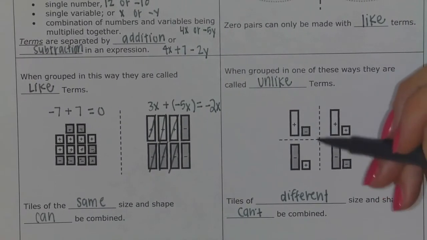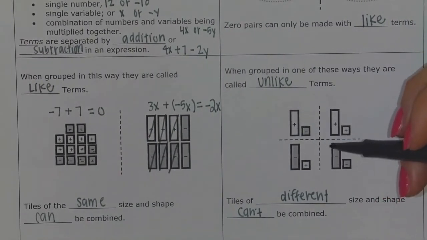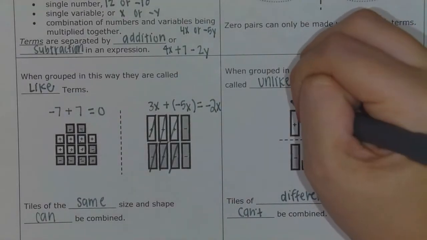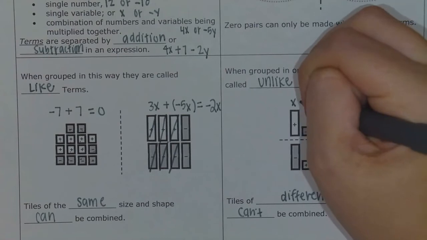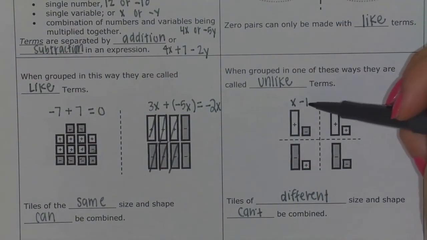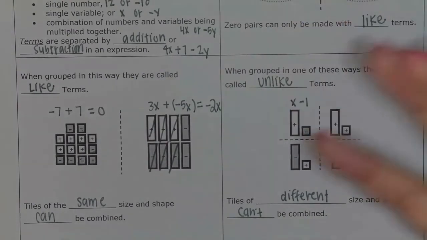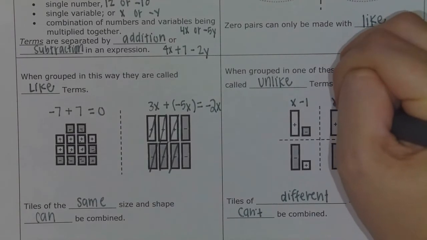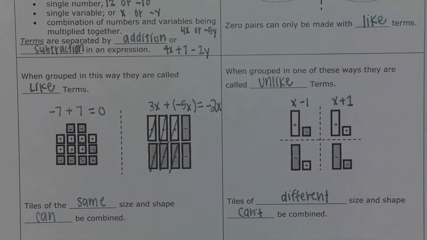But when I look over here at these few pictures, I don't see stuff grouped together in like terms. In the top left, I see that I have a positive X tile and 1 negative unit tile. Well, this is like Skittles and M&Ms. I can't mix the two together. Just like here, I have a positive X and a positive unit tile.